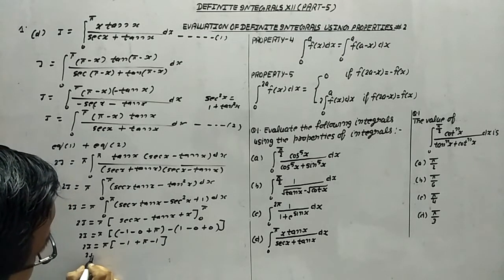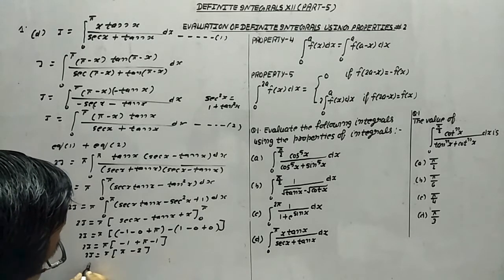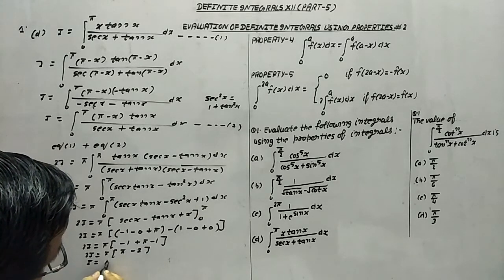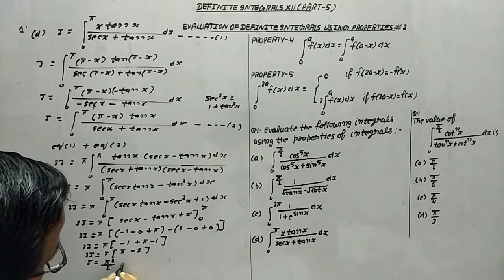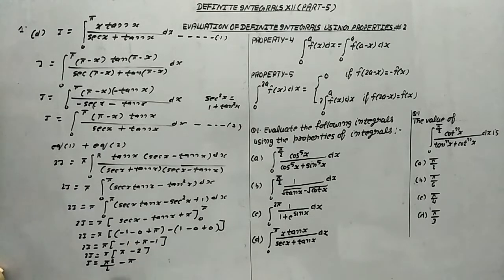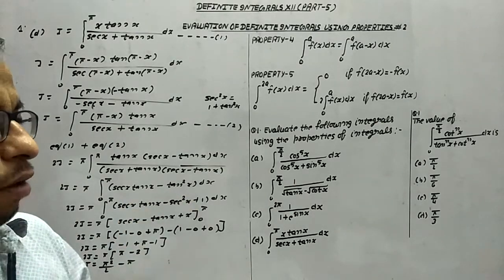It means 2I is equal to π times (π minus 2). It means I is equal to π square upon 2 minus π, and this is the answer. On the basis of this, you have to solve the other questions.